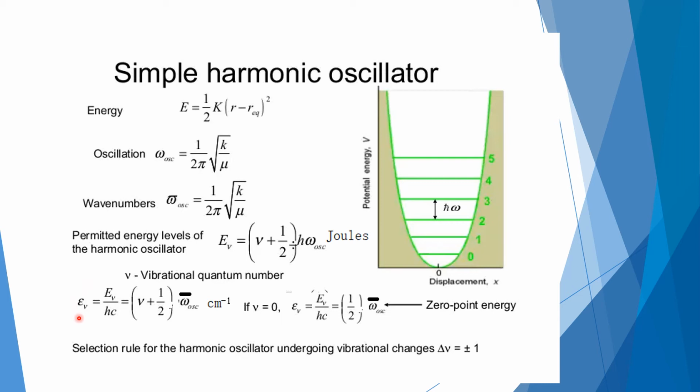And in order to convert into wave number, we have to divide by hc. So that is equal to (v plus half) omega bar oscillation in centimeter inverse, where if we put v is equal to 0, v equal to 0 means E0. Sorry, it is epsilon 0.